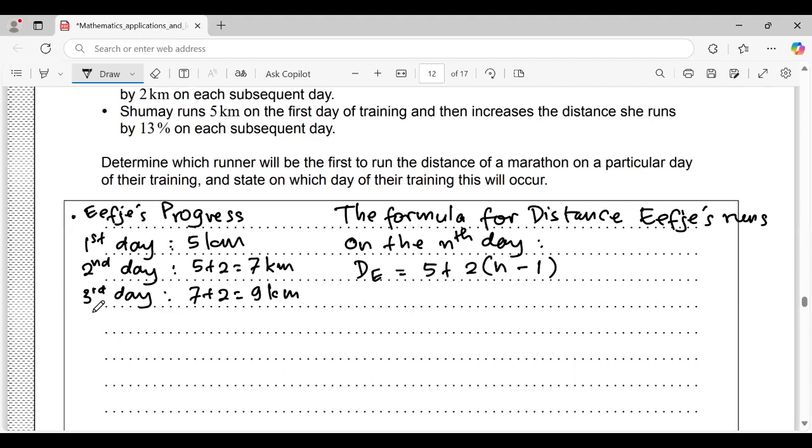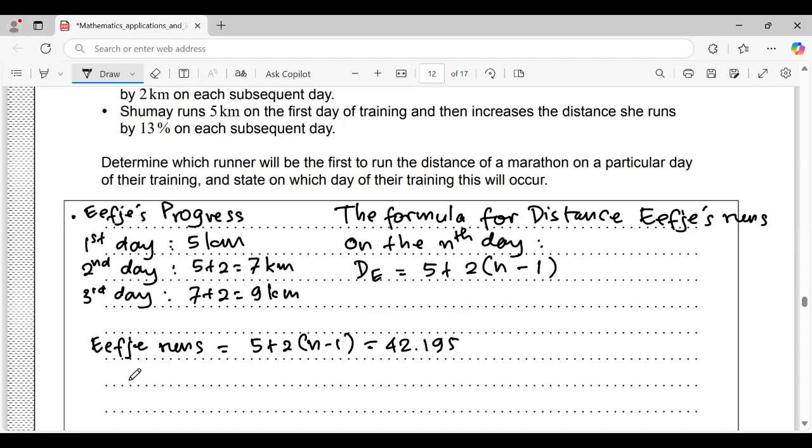Now, let's find out how many days FE runs. 5 plus 2 times n minus 1 is equal to 42.195.